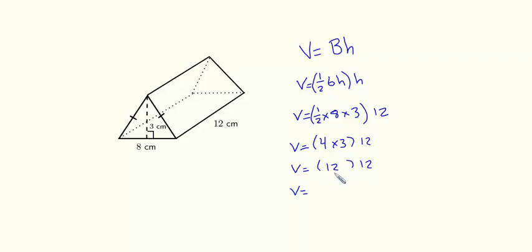So the area of our triangle, which is 12 centimeters squared, times the height of the prism. So 12 times 12, that's 144 cubic centimeters. Okay, and there you go, the volume of a triangular prism.